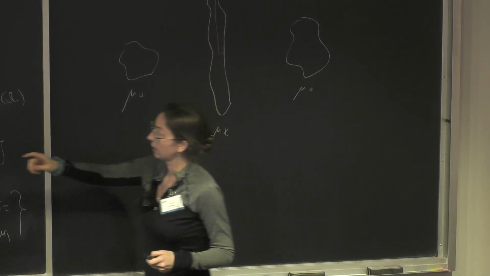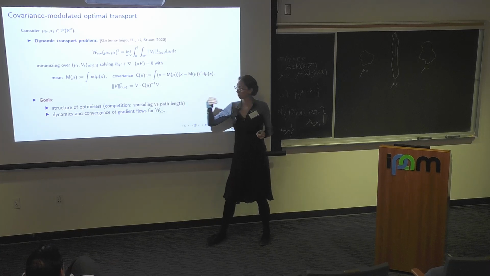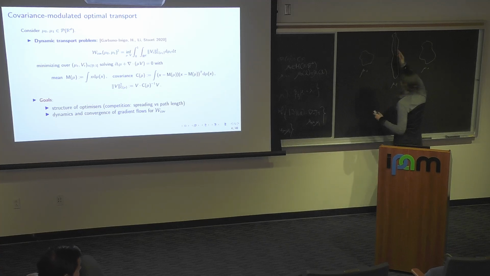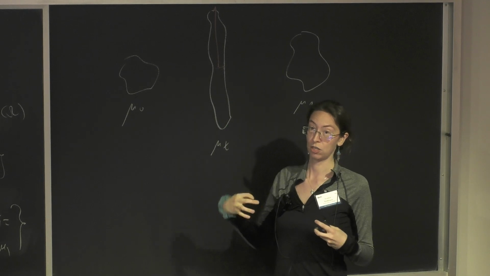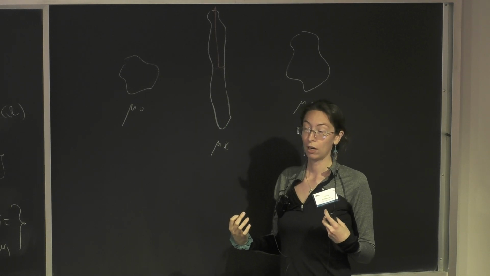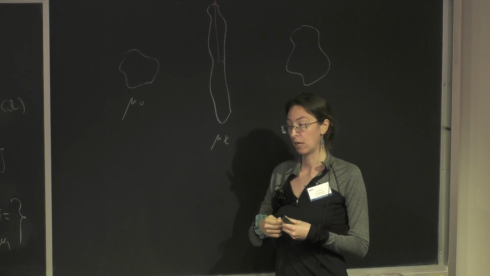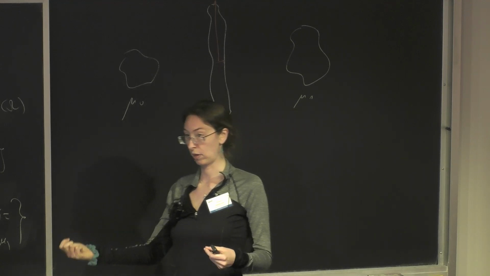Because I'm taking the inverse here, right, it means that if I try to push mass in directions where the covariance matrix is very spread, so it has a large eigenvalue, then the cost is cheaper. So it's no longer necessarily true that the cheapest way of transporting mass is just a straight line.